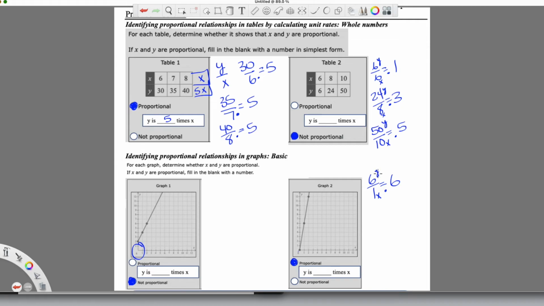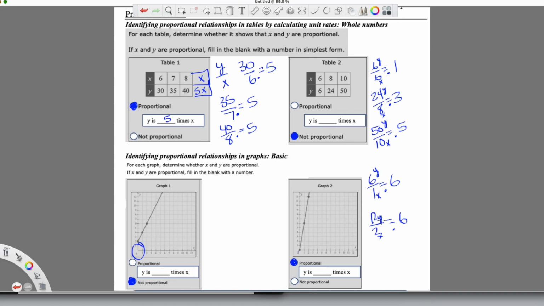Now let's make sure the next one works out nicely. The next one we have 2 for x and 12 for y. Sorry, the fan on my computer is turning on very loud, so I'm not sure if that'll be present on the recording. So 12 divided by 2 is 6. Look at that, I got 6 again. So if I multiply x by 6, I get y.